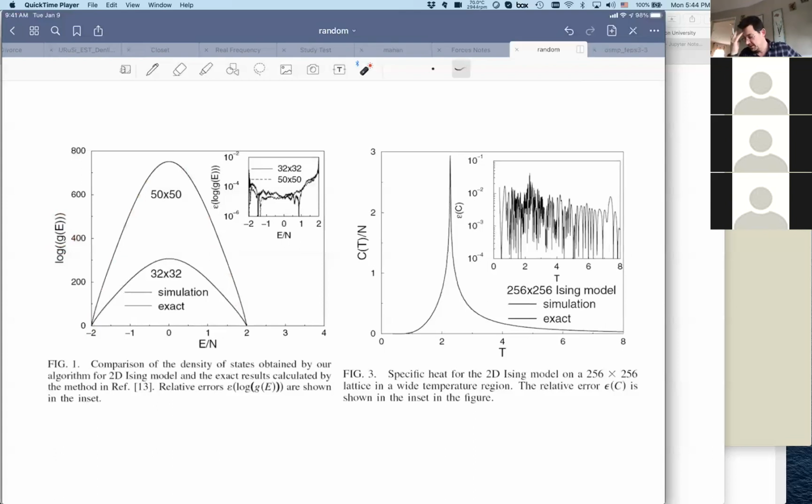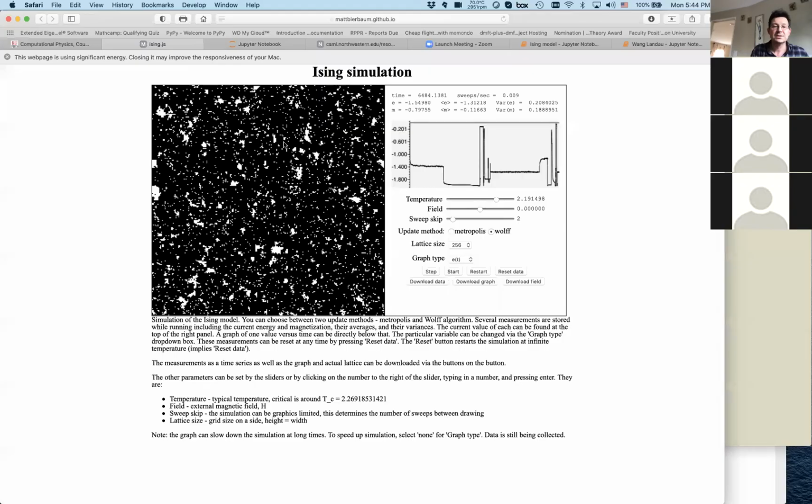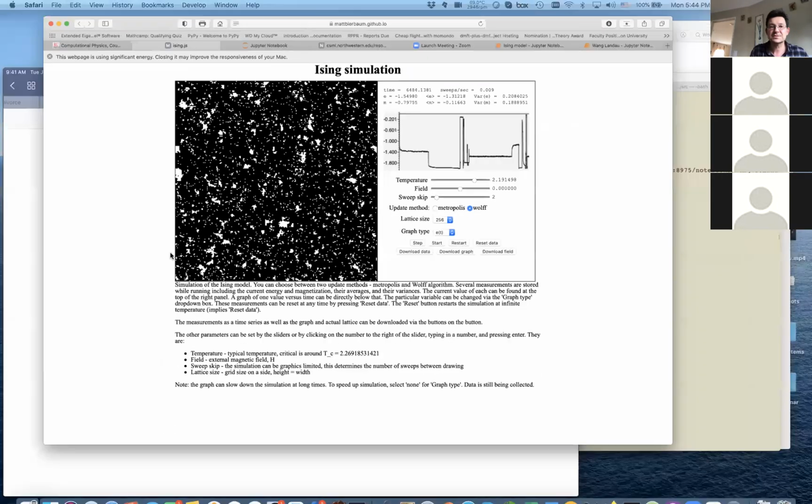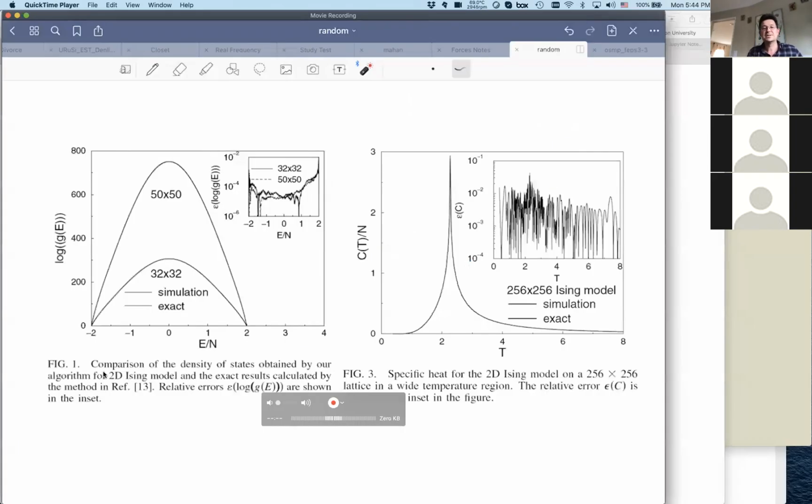Very precisely. And this particular simulation shows you specific heat for a 256 by 256 simulation. This corresponds to the same lattice size that I think we are simulating here, 256 by 256, as far as I remember. And you see that for this large lattice size, the specific heat is very, very sharp.